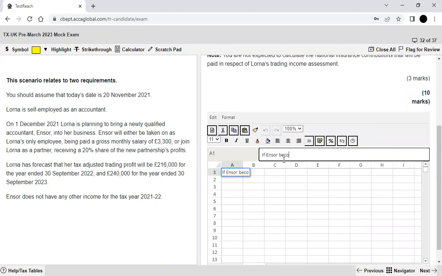If Esnor becomes the partner, then he will not be treated as an employee, he will be considered as self-employed.